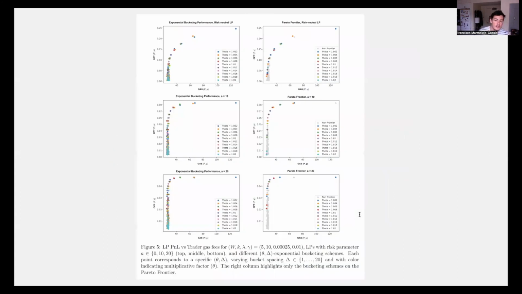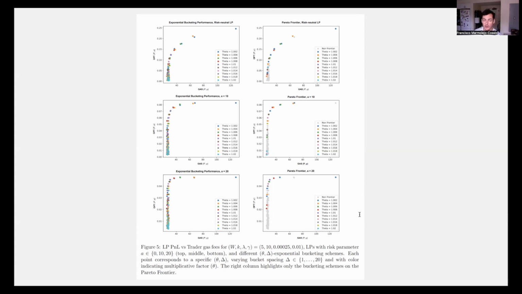Then we get plots like this. In this plot, each of the rows is a different level of risk aversion, from risk neutral to most risk averse, from top to bottom. On the left-hand side of these plots, we're mapping the Pareto frontier, where every one of these dots is a specific price partition given by a base of an exponent, theta.